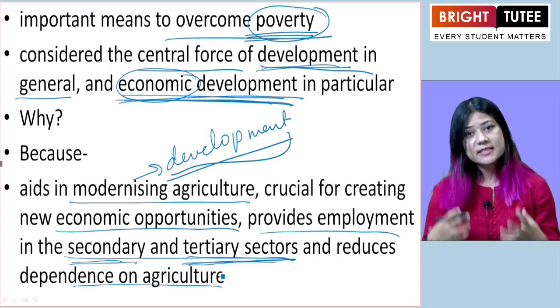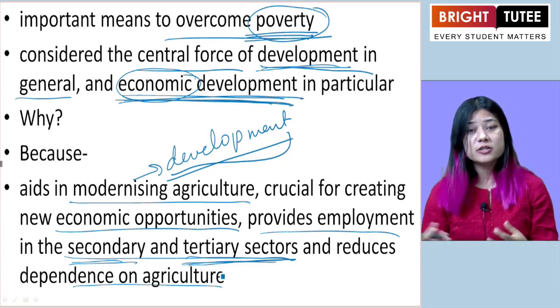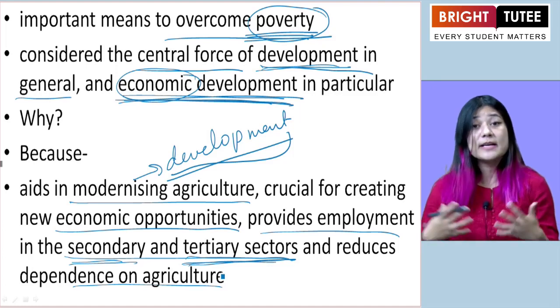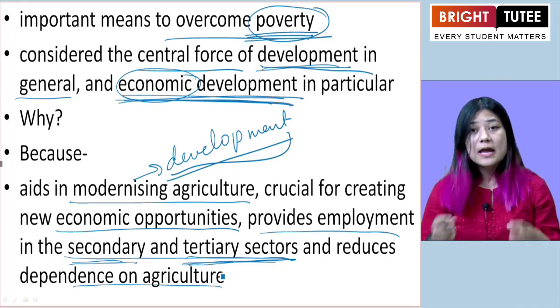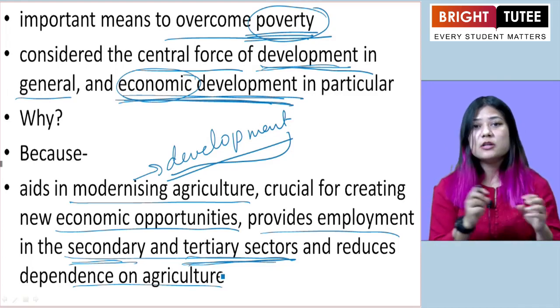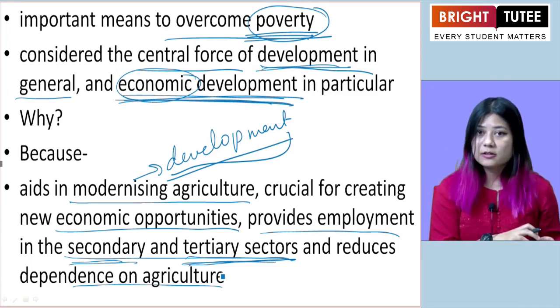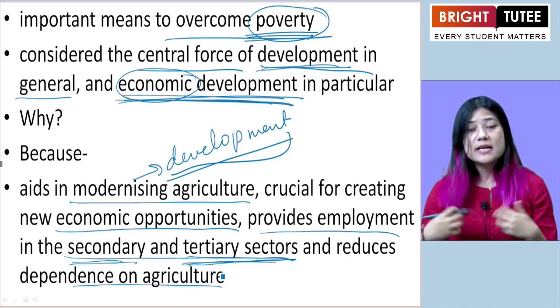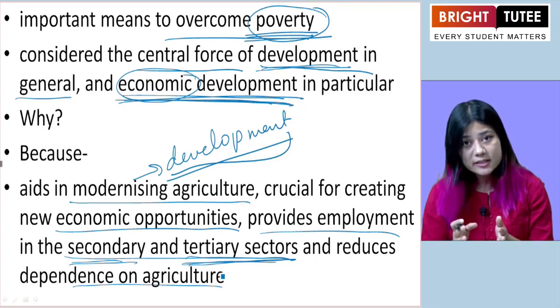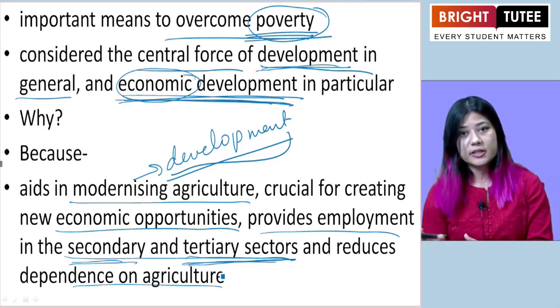But if the secondary sector creates job opportunities and provides employment, it helps reduce the dependence on agriculture. Now people can engage themselves in economic activities in the secondary sector as well as the tertiary sector.